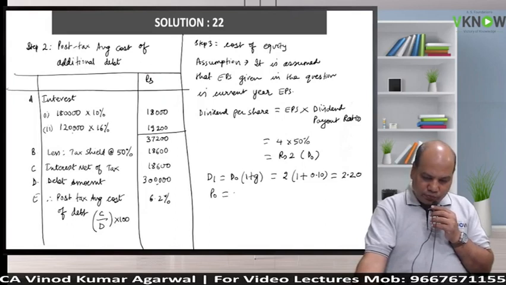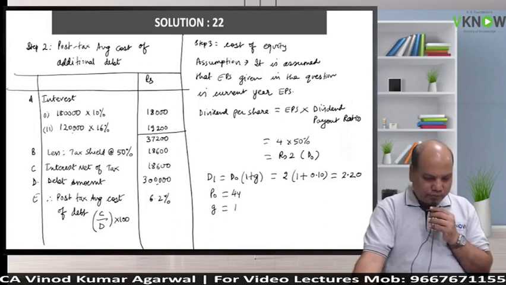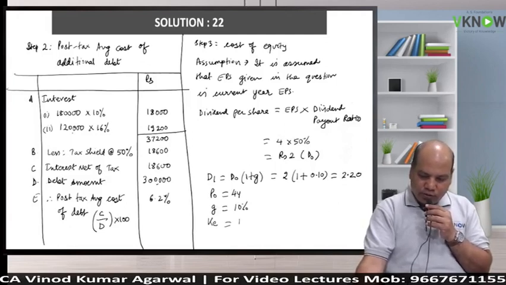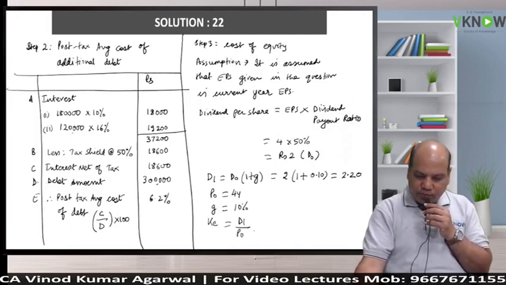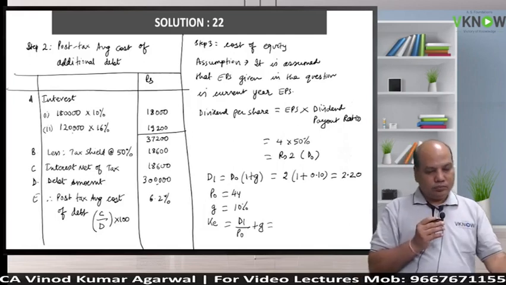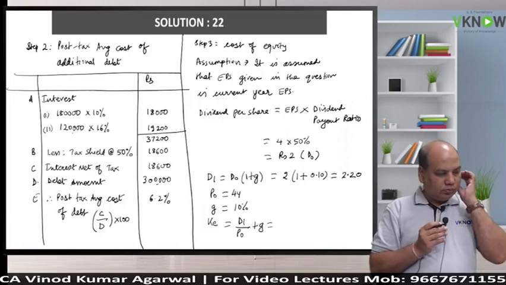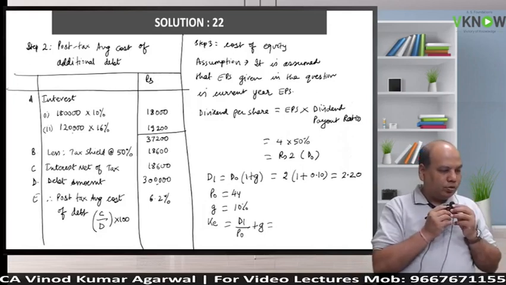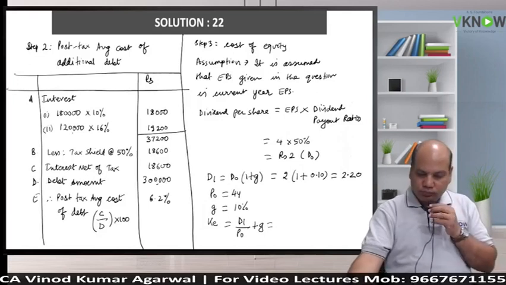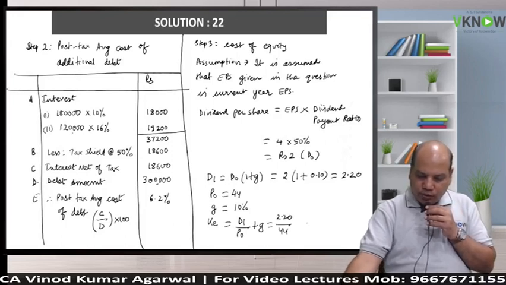P0 is 44. Growth rate is 10%. So cost of equity will be D1 by P0 plus g, that is 2.20 divided by 44 plus 0.10.